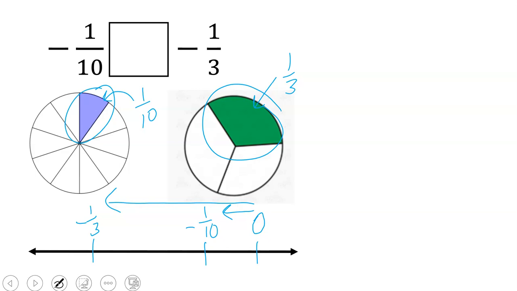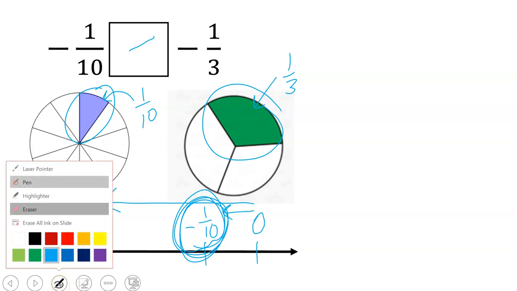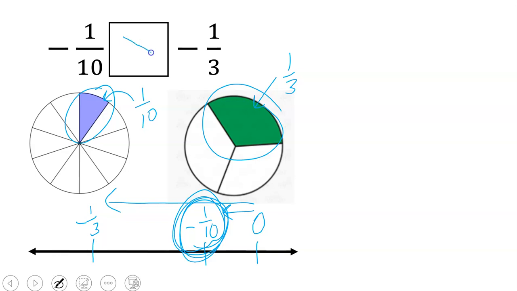So -1/10, since it's not as far from 0, let me fix that. Sorry, guys. It's greater than -1/3 because -1/10 is further to the right on the number line.